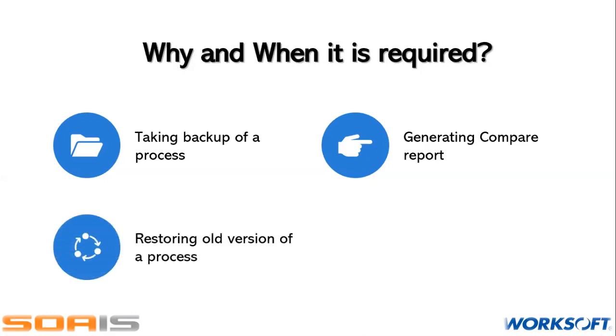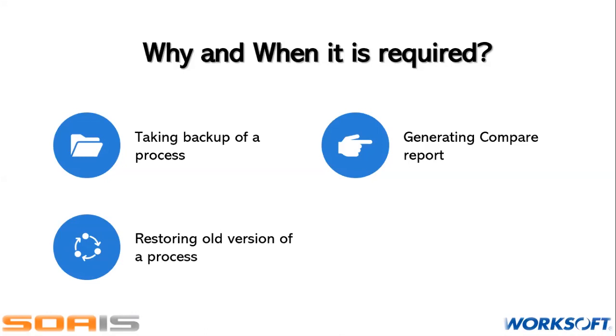Next is restoring the old version of the process. Let's say we modify some process, and after some days the client says they don't need that modification, they need the older version of the process. If you are not creating versions, then you modify the process, and now the client wants the old version as per the old requirement.